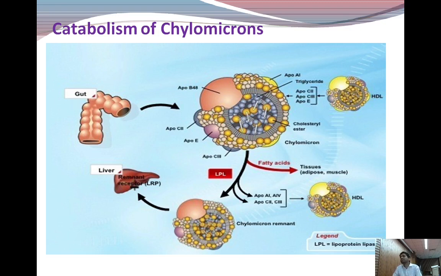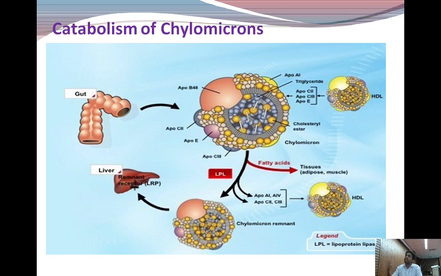Once in the systemic circulation, it is acted upon by the lipoprotein lipase present in the circulation, which breaks down most of the triacylglycerol content, since the major content of chylomicron is triacylglycerol. Almost 90% will be broken down, and ApoC also will be degraded.